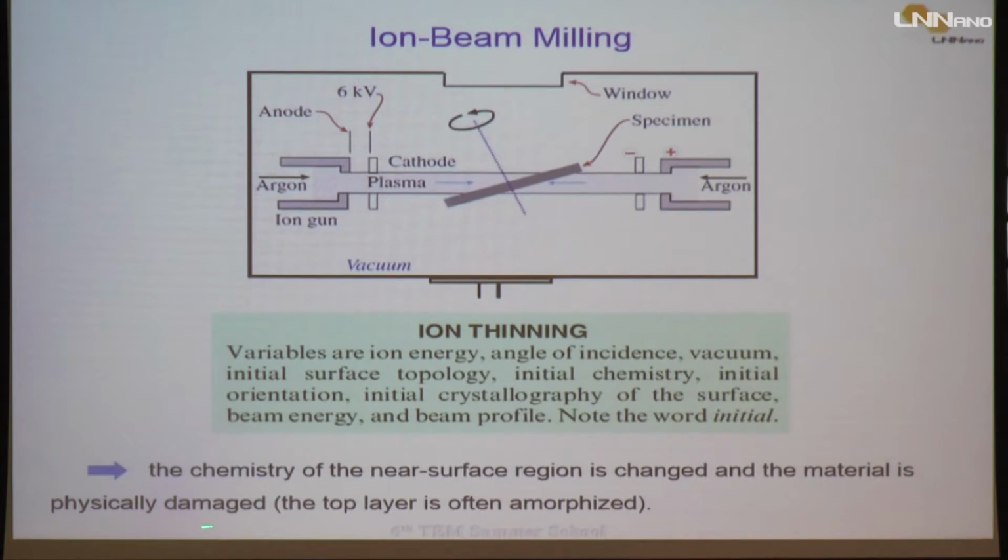And also, there is this physical damage because you have many shocks of this ion with the surface material. It will transfer momentum to your material, and it will change the localization of the atoms in a crystalline structure, for instance. Okay?